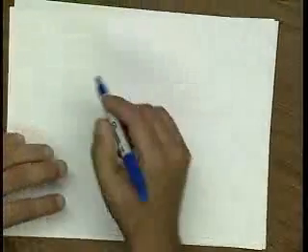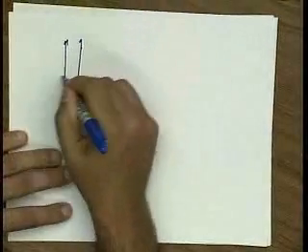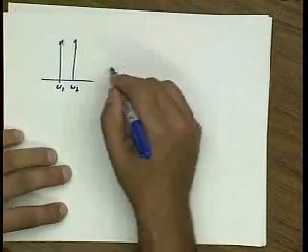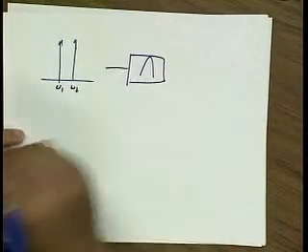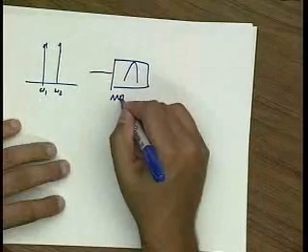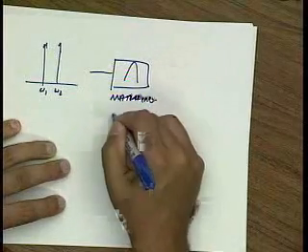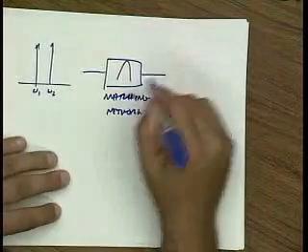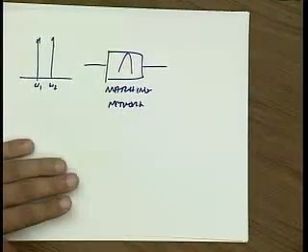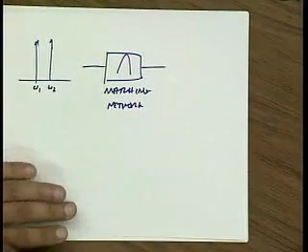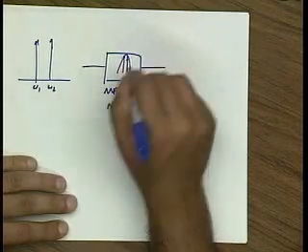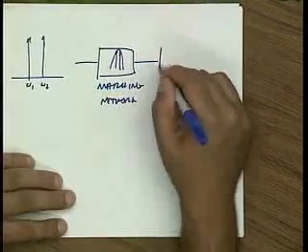So if I have a two-tone, omega 1, omega 2, very close together, and I have basically a matching network, right? Well, we learned in this class that a matching network is just a resonant circuit. So it has some quality factor, it has some pass band, and these two tones are going to fall into the pass band of this matching network.